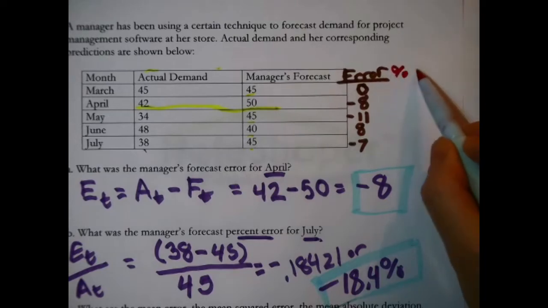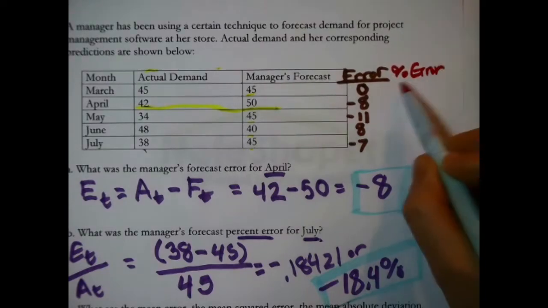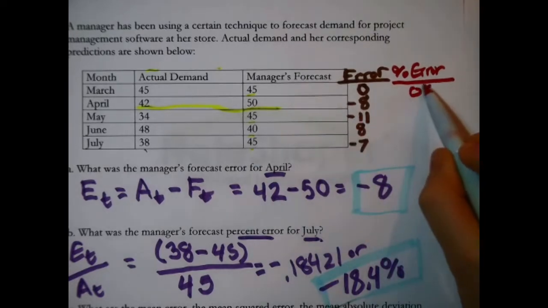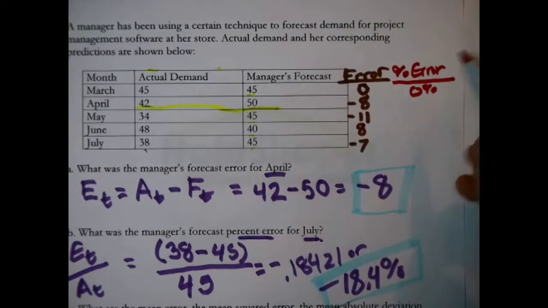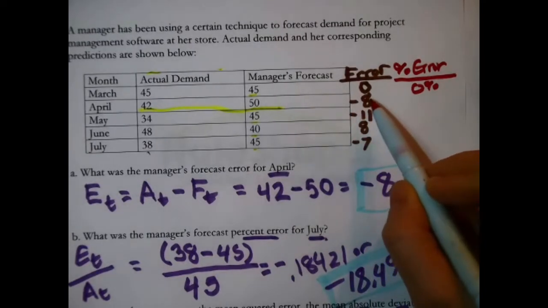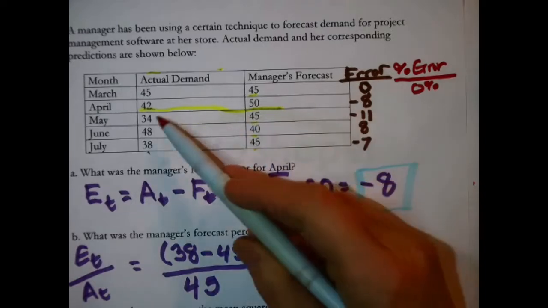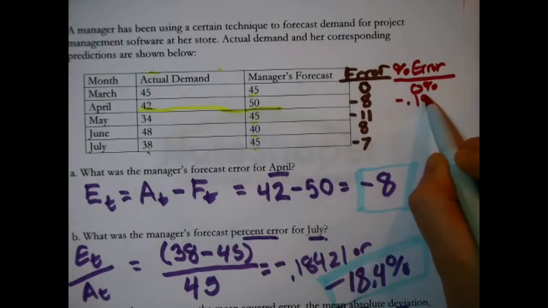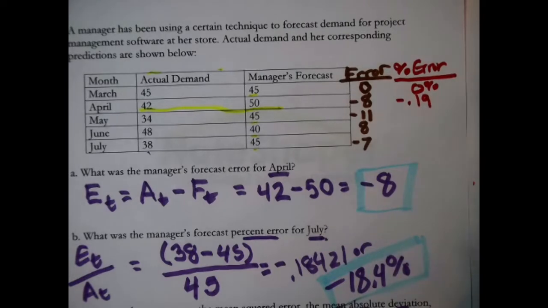What's the percent error in each case for each day? Well, for March, it's 0% because it was 0 error. For April, it would be -8, the actual error, divided by 42, the actual. I get -0.19, or, you know, -19%.